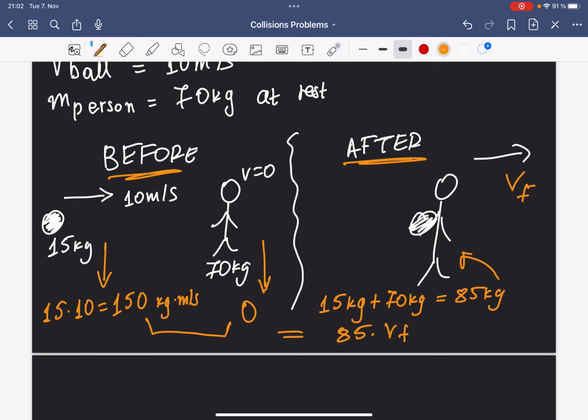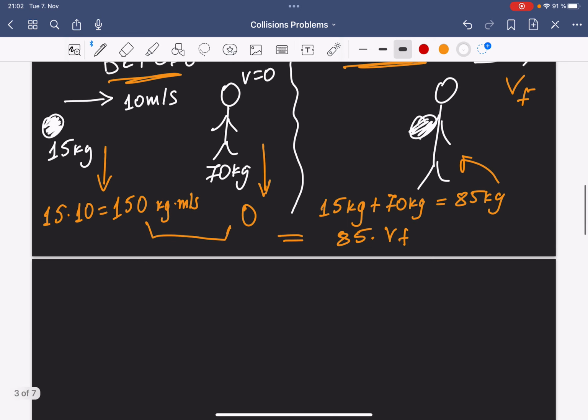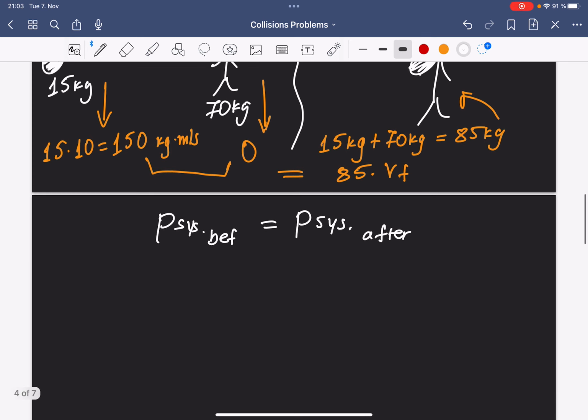Now these two need to be equal, and it's a simple equation now. So P of the system before is equal to P of the system after, before and after the collision. Before the collision, you had 150.